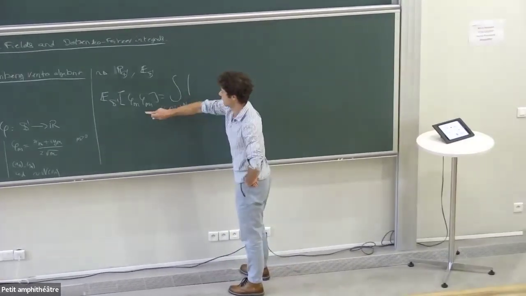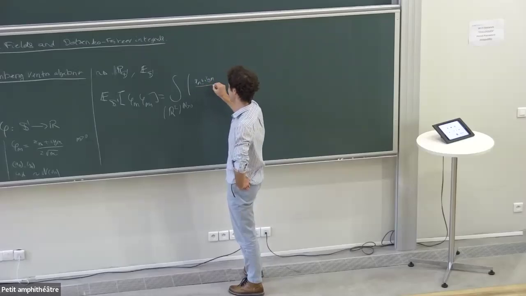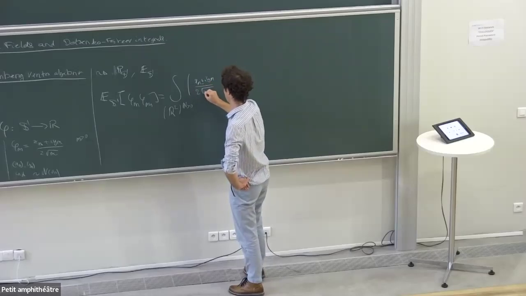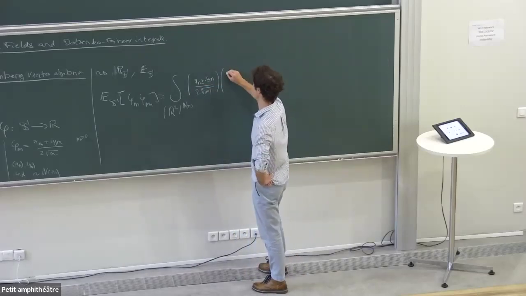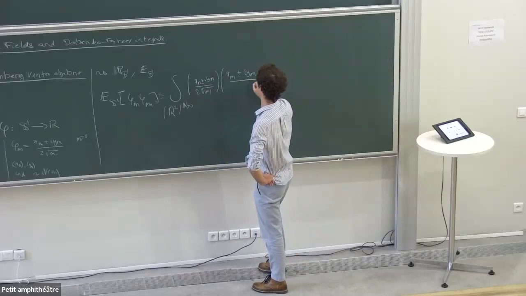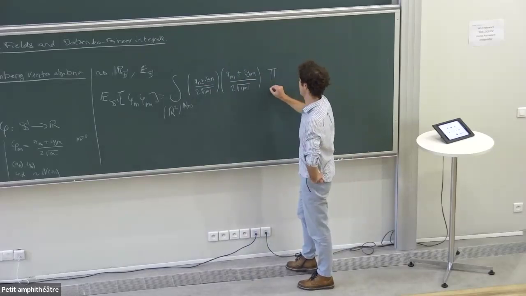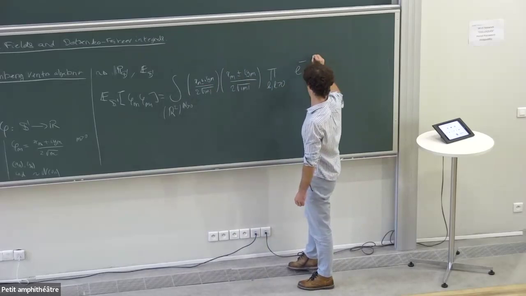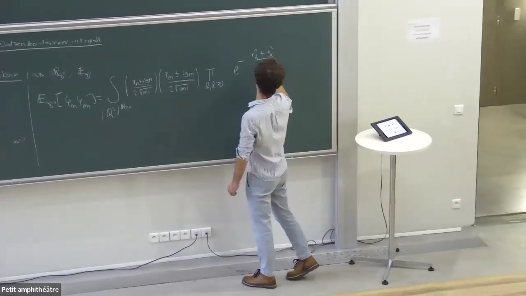Then phi n is just x n plus or minus i y n, depending on the sign, divided by the square root of the absolute value of n. Phi m is just x m plus or minus i y m, similarly. And then the probability measure that I put on this space is just a product of Gaussian densities, e to the minus x k squared plus y k squared.